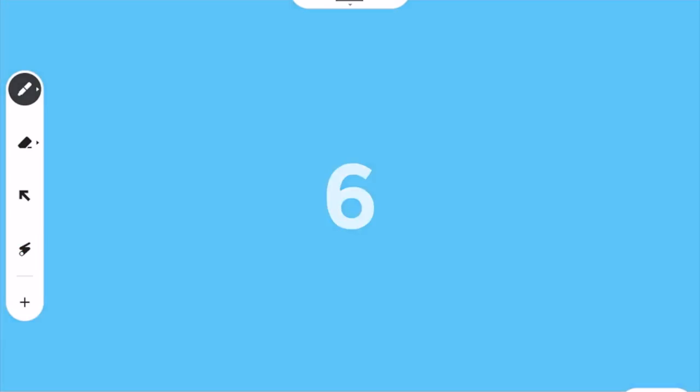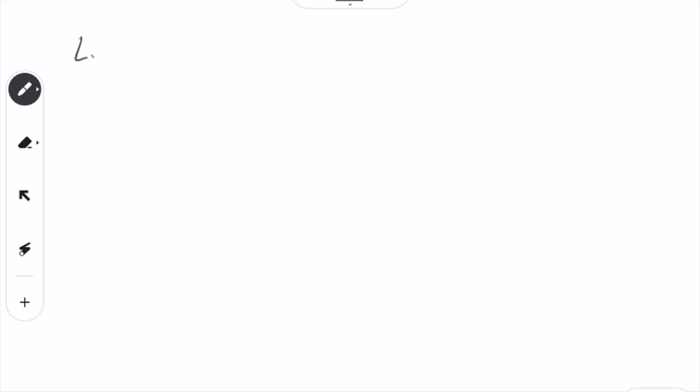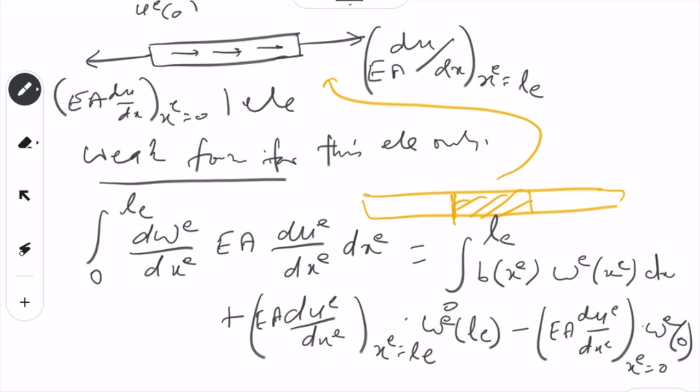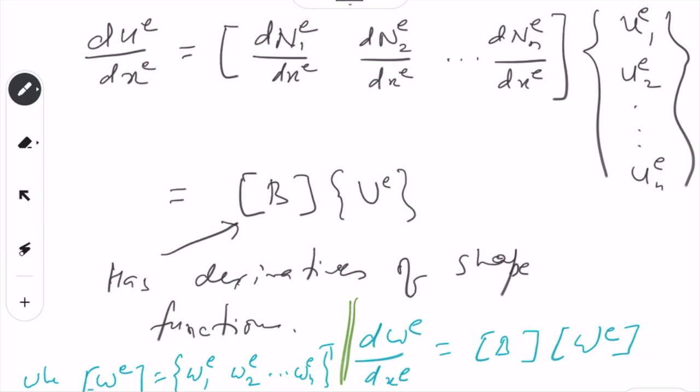So if you see left hand side, what do we get? 0 to LE, and we have n matrix multiplied by... not UE, we will have WE. So we have this equal to not n but B, sorry, this is B matrix. So B multiply WE.